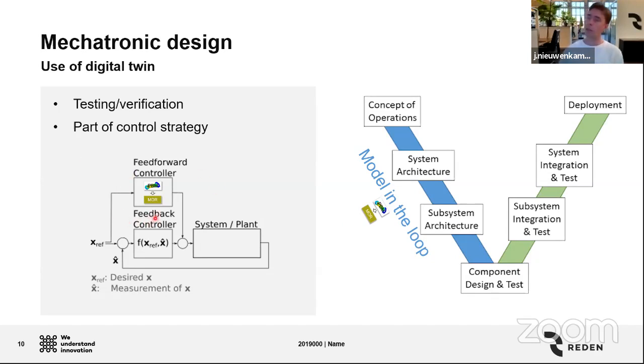Another way is to use that same model order reduction technique in the control strategy. So you could, for example, implement that in a feed-forward loop and use the prediction of your model to steer your actual plant, giving it a very fast and accurate response.